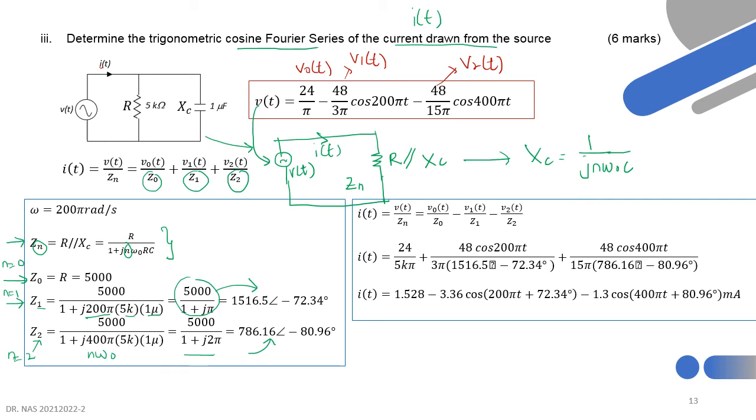Okay, so you need to divide with the calculated impedance. So this is your V0, this is your V1, and this is your V2. So the final answer of the cosine Fourier series of iT is this equation in milliampere.